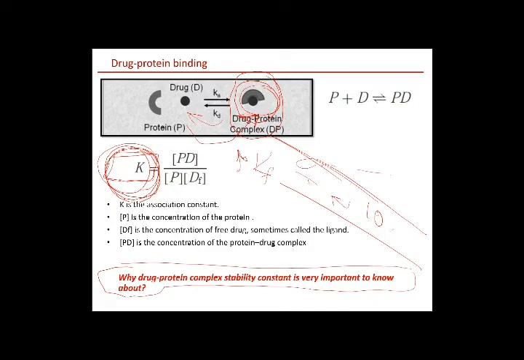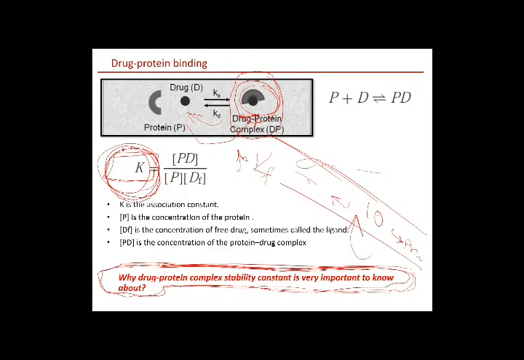If K of this drug, or the stability constant of the complex that this drug forms with blood proteins, is very high, it means very little of the drug is available as free drug. So we need to increase the dose of this drug to make more drug freely available to be effective.